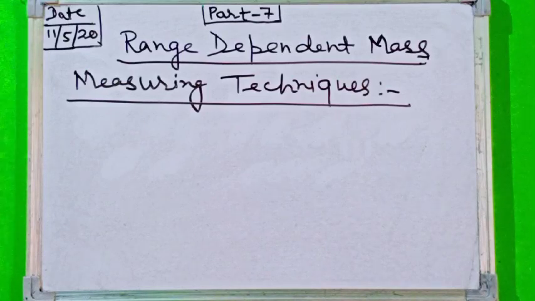As you know, today we are going to discuss part 7 of our unit two, that is units and measurement. Before this we had discussed measurement of mass, different types of masses, inertial mass, measurement of inertial mass, measurement of gravitational mass, practical units of masses, and range of masses in kilogram.